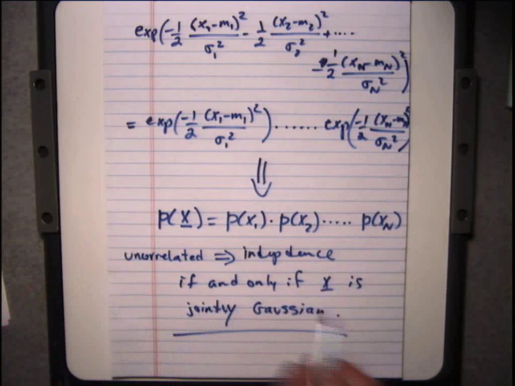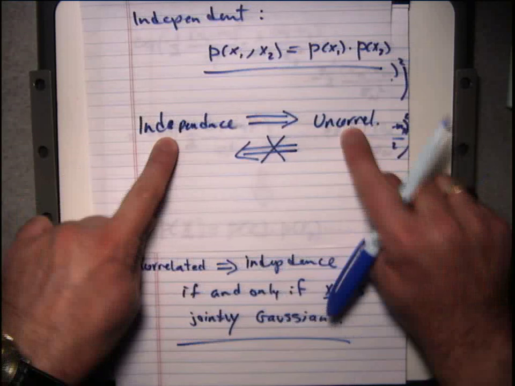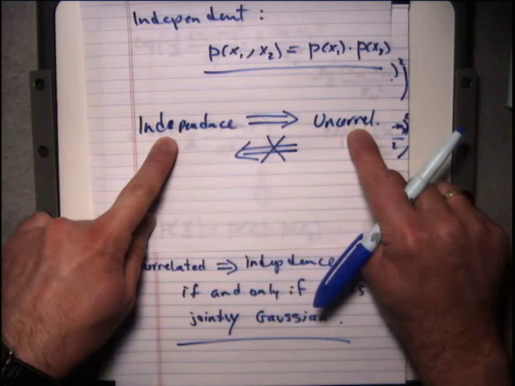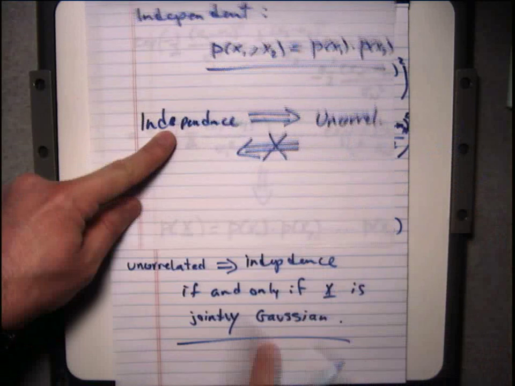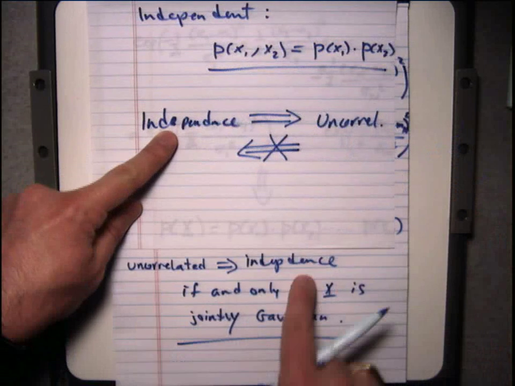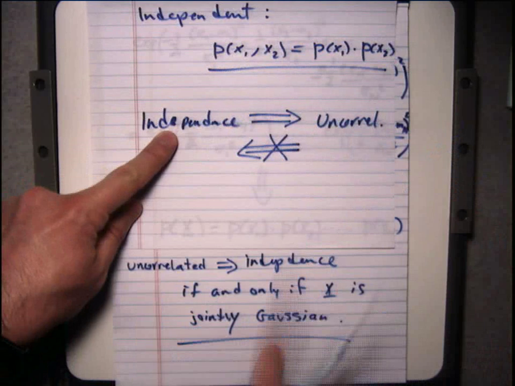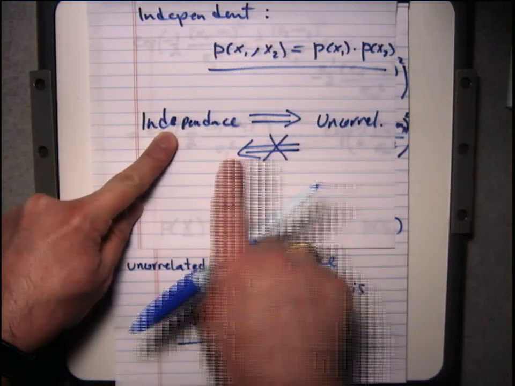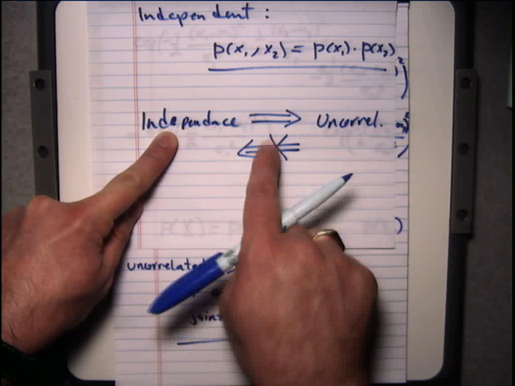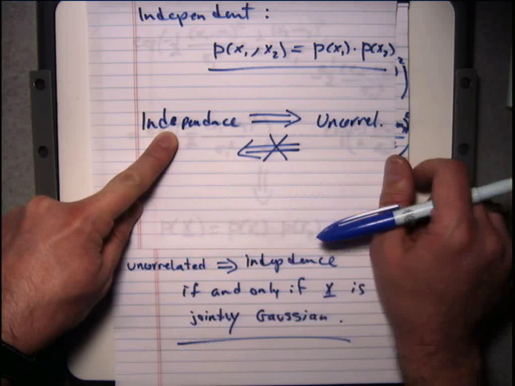What I said here was independence implies uncorrelatedness, but uncorrelatedness does not imply independence. But here I'm saying uncorrelatedness does imply independence only if it's Gaussian. So the Gaussian is an exception to this reverse arrow not holding.